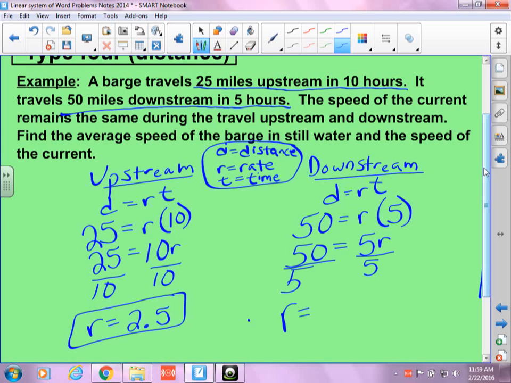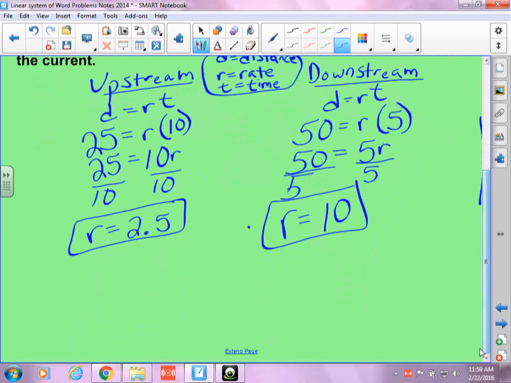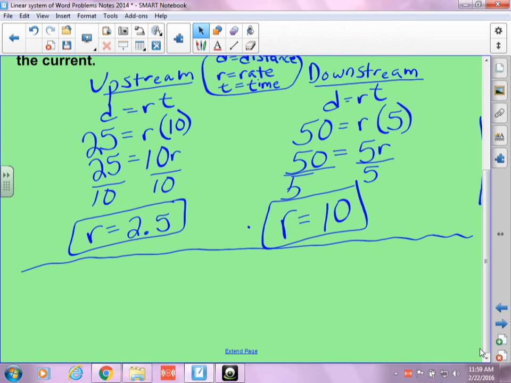So R equals 10. So this is part 1. And it makes sense, because if I'm going downstream, my rate should be more than going upstream, right? Because what happens when I'm going downstream? The current is going with me, so it's pushing me faster, right?